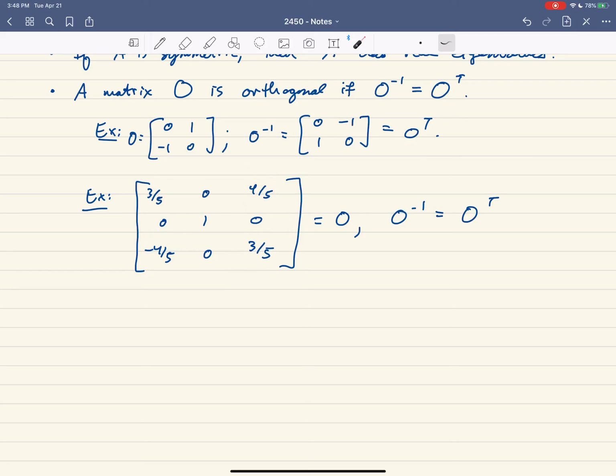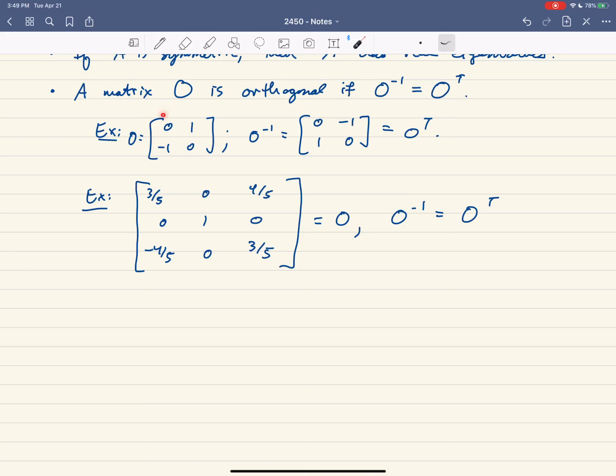Also, these columns are orthonormal, so not only are they orthogonal, but they also have length 1. If I add up the sums of the squares, we would get 1. So 3/5 squared plus negative 4/5 squared gives 25 over 25, and when you take the square root, you get 1.